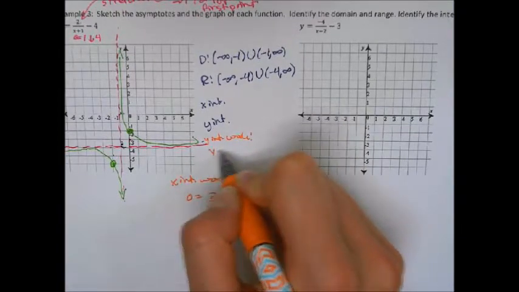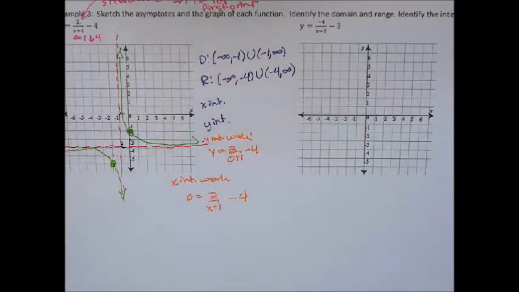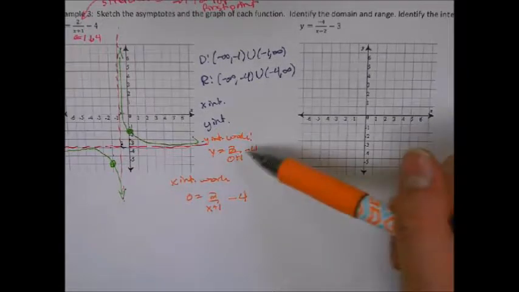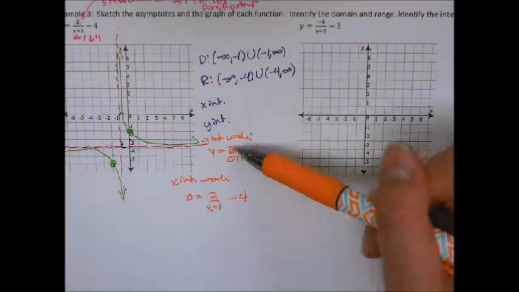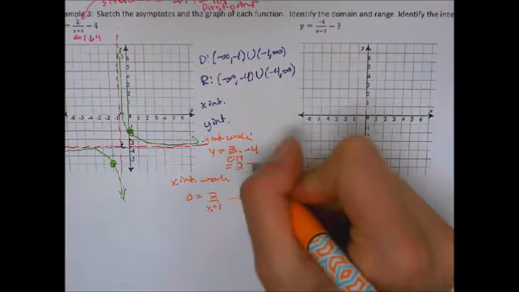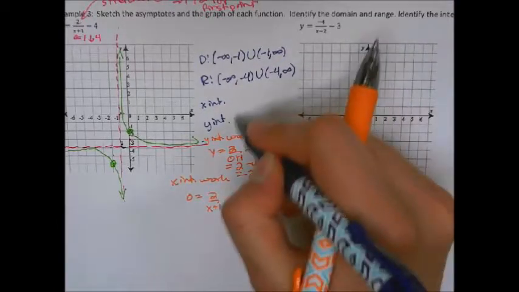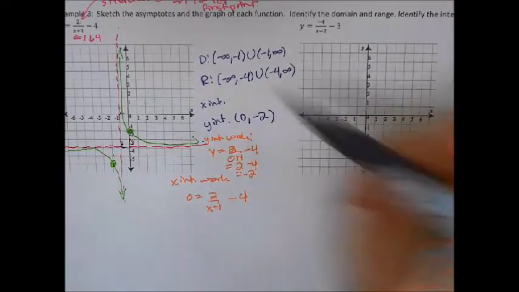We make x equal to 0, so solve that. Go ahead and pause the video so you can work on those. So for y-intercept, we get 0, which is shown in the picture.